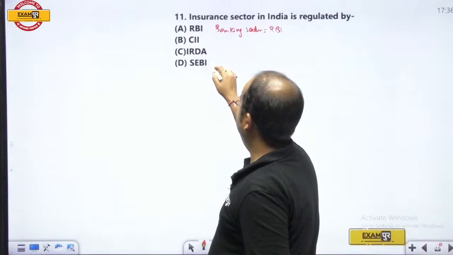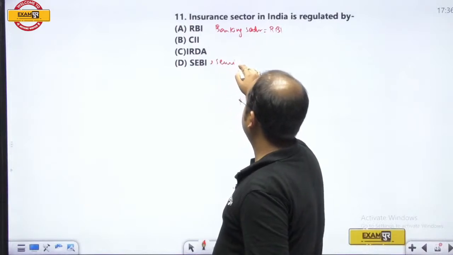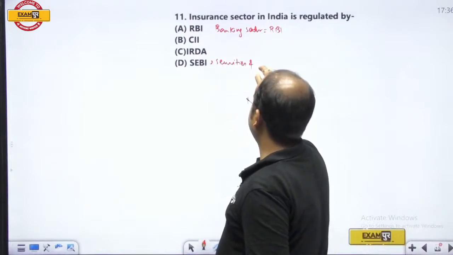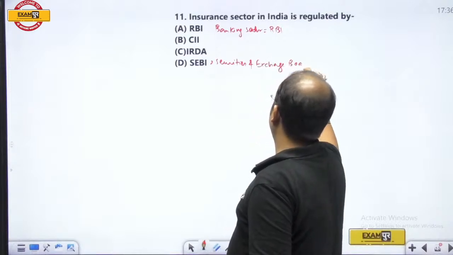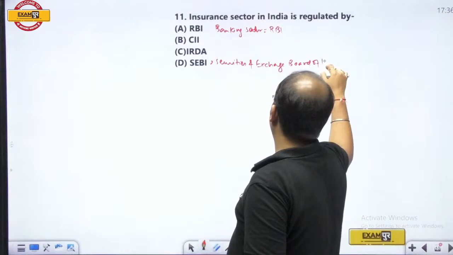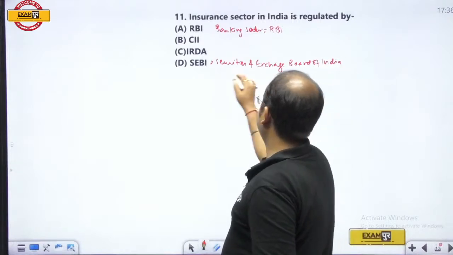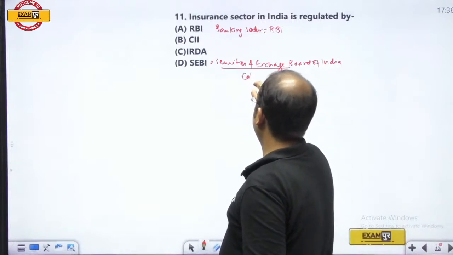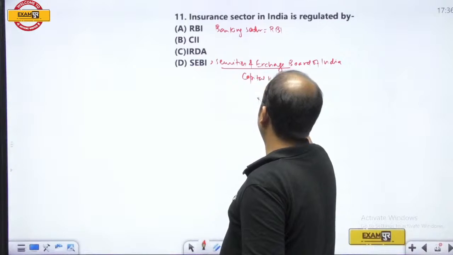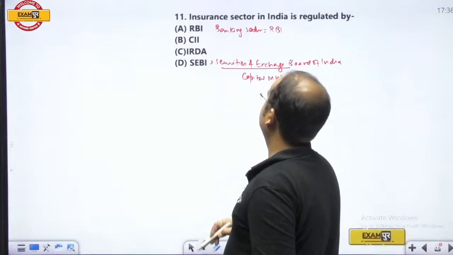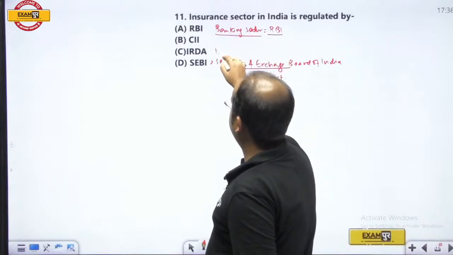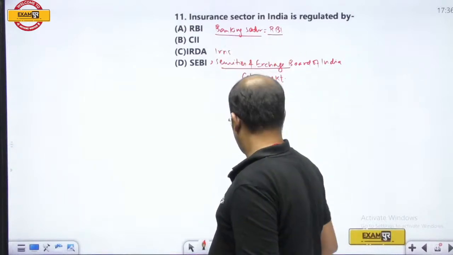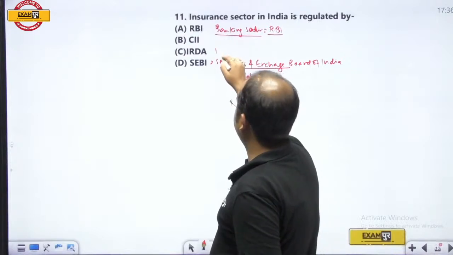Then SEBI, Securities and Exchange Board of India, that is the capital market. Banking sector is RBI, then IRDAI, that is Insurance Regulatory Development Authority.